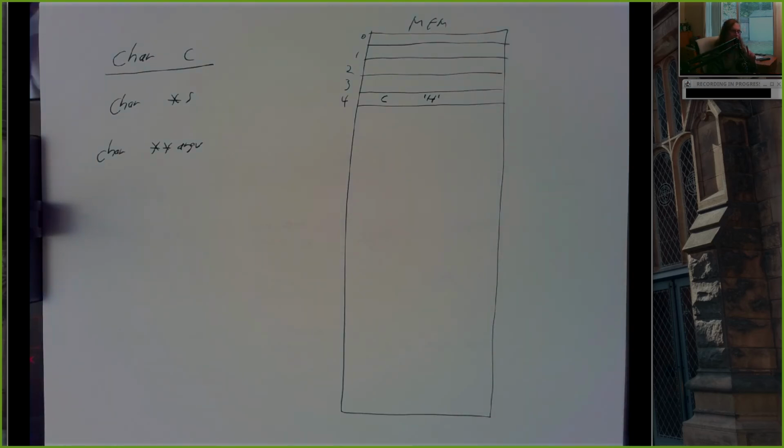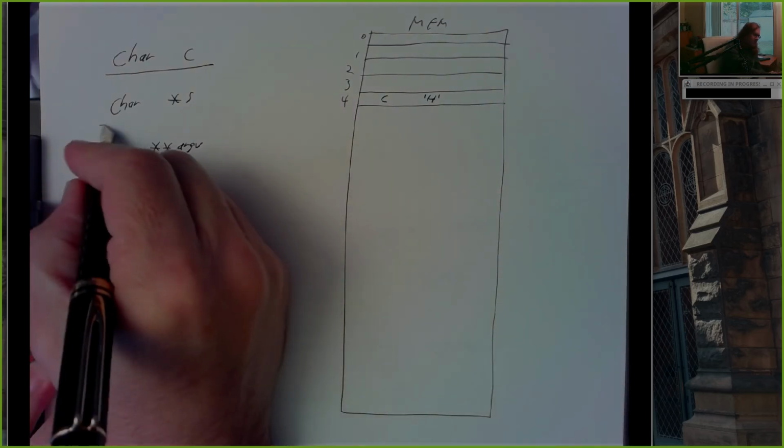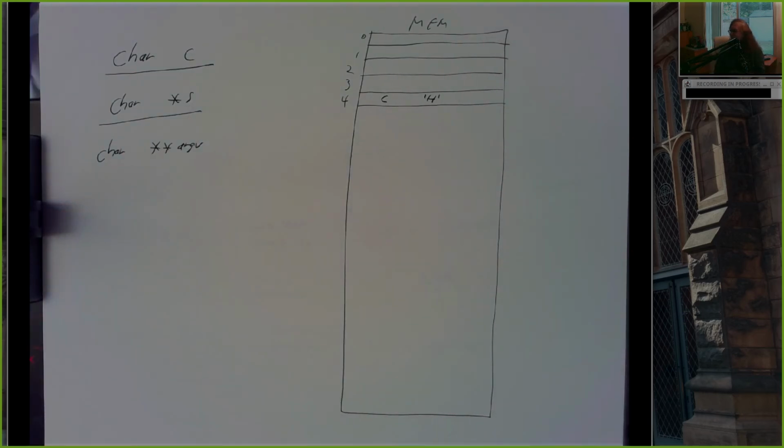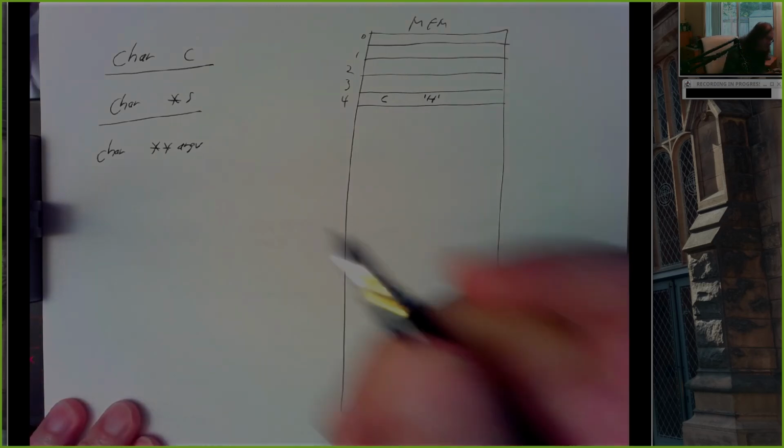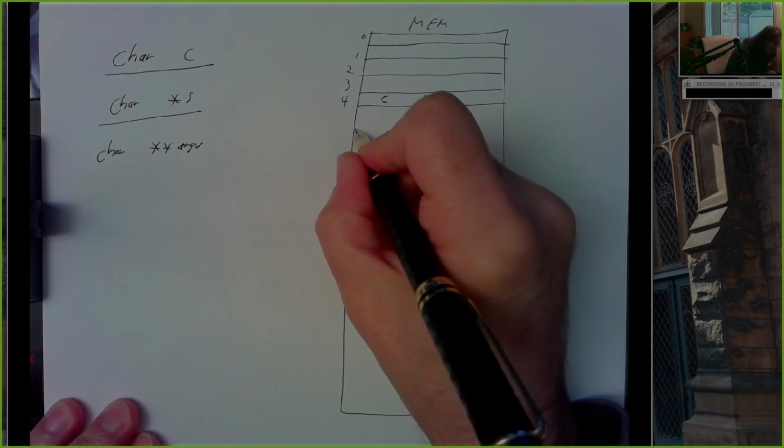It gets a little more interesting with a char star. So a char star S, for example, there are 2 things going on. The first is we have to store S itself somewhere in memory. And so S might be stored at, I don't know, maybe location 10.